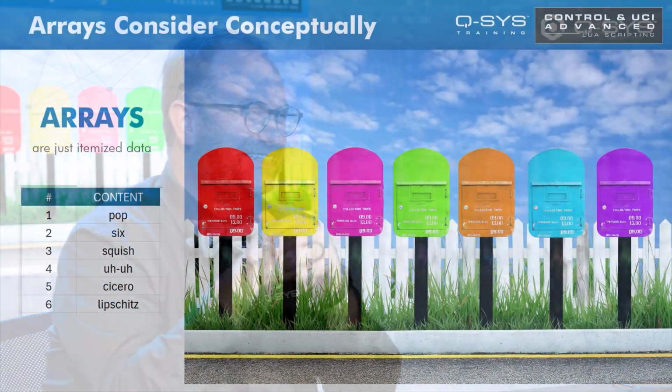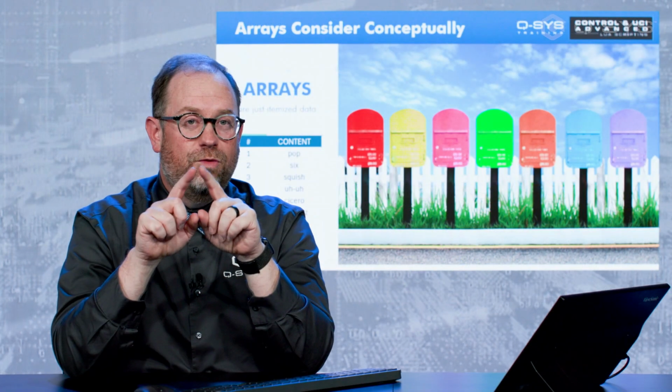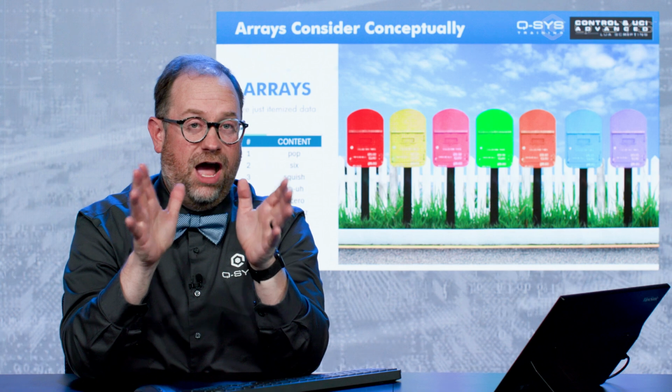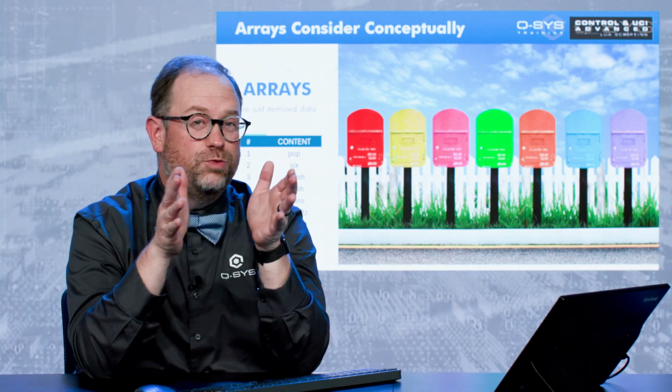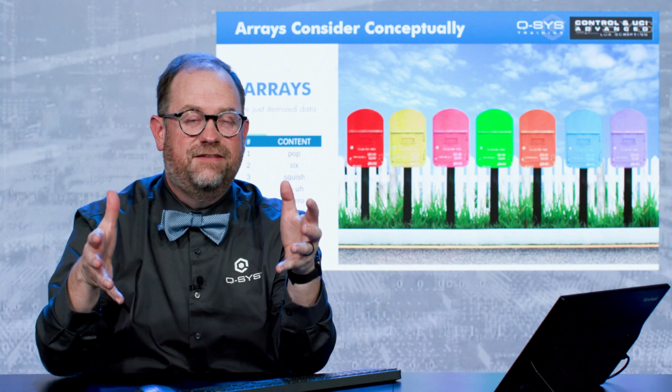Oh, shoot. Okay, you should remember this picture. This is actually a really fantastic picture that helps to illustrate what arrays are and how you should think about them. You can think of arrays as, well, they're data structures, but it's really useful to think of them as a row of mailboxes, and those mailboxes are holding things inside of them.